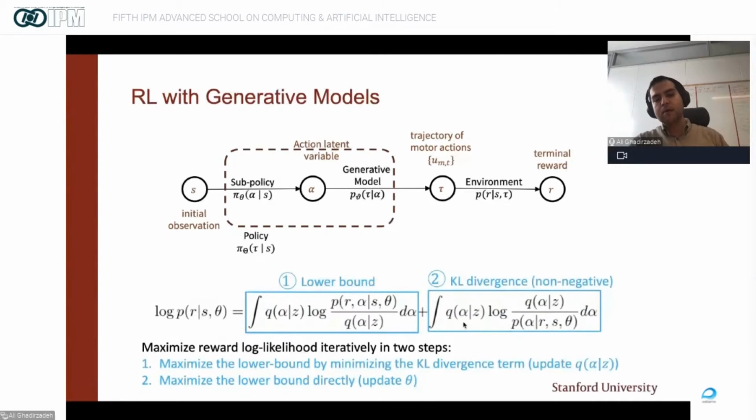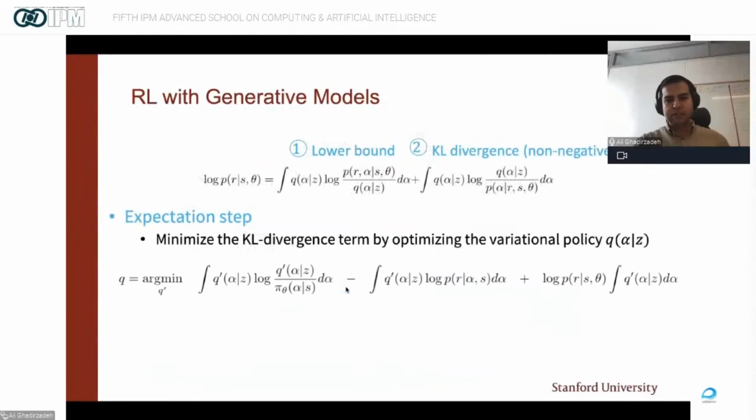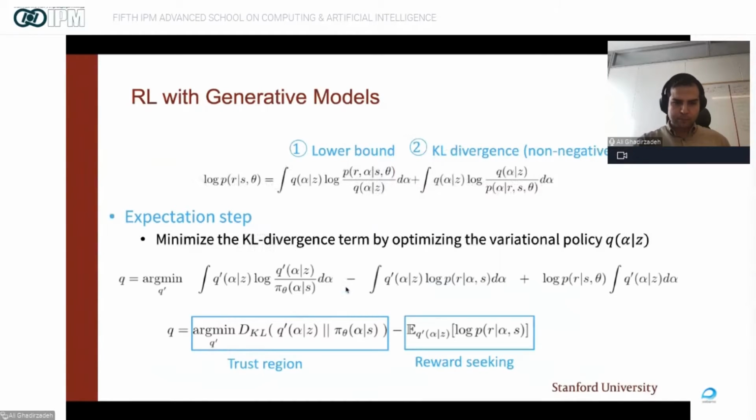And the second step, we're maximizing the lower bound directly. If you're interested, you can look into the reference that I provided in the previous slide, but I'm not going to go into too much detail of this derivation.